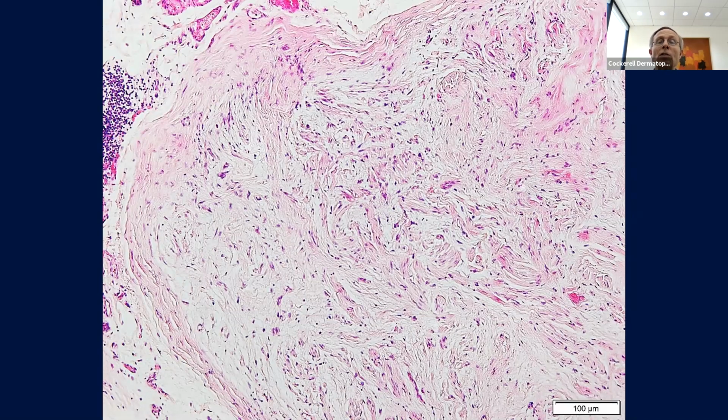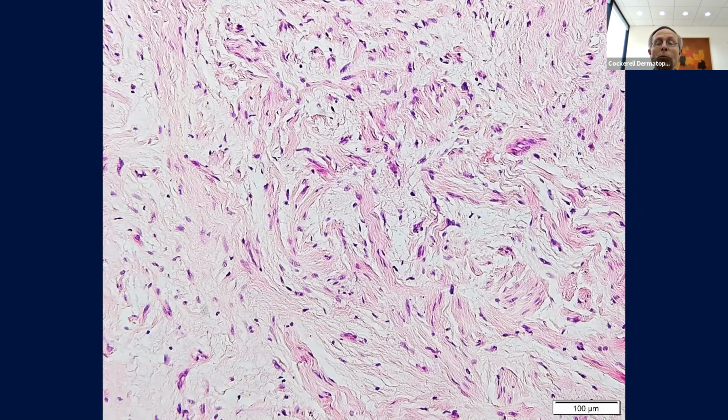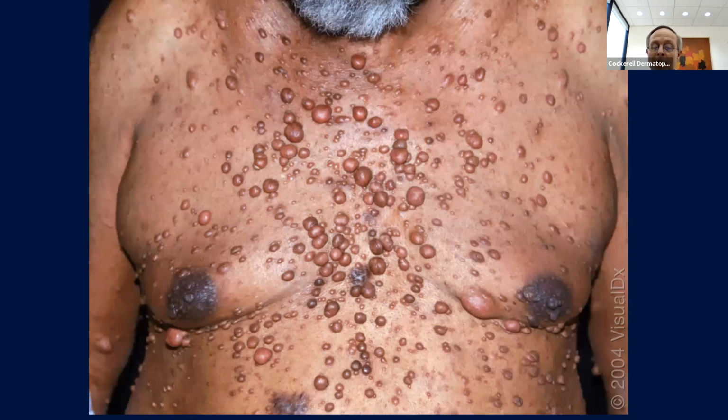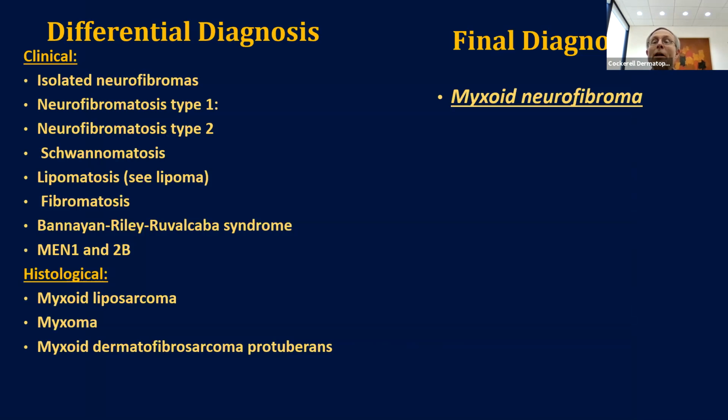Not quite as cellular as the last one, but still looks pretty similar. So the differential diagnosis would be another neurofibroma. There's a lot of different variants. We get a plexiform variant. This would be a solitary nodular version with a lot of mucin in it. So this one was a myxoid neurofibroma, not associated with neurofibromatosis in this situation.